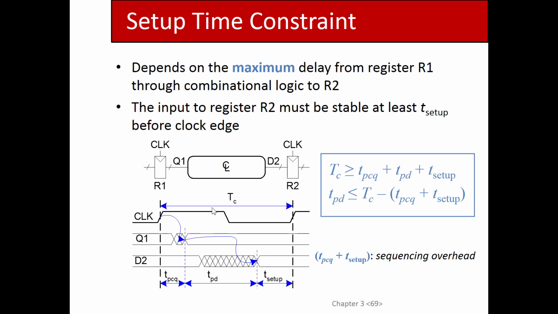But remember that propagation delay is always about worst case, the worst possible delay through a circuit. So you have to bound this according to your worst possible delay. So it's got to be greater than or equal to the propagation delay of the registers that are feeding this, which are generally all the same register. So it's tpcq, associated with whatever register you're using, plus the propagation delay of the logic. Now remember, with the logic, you have to find the critical path.